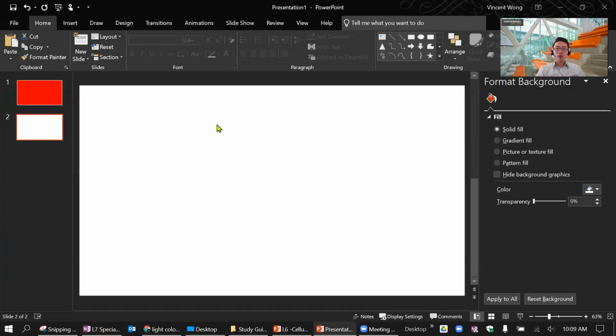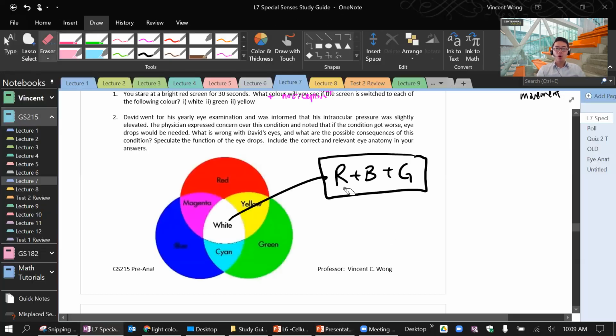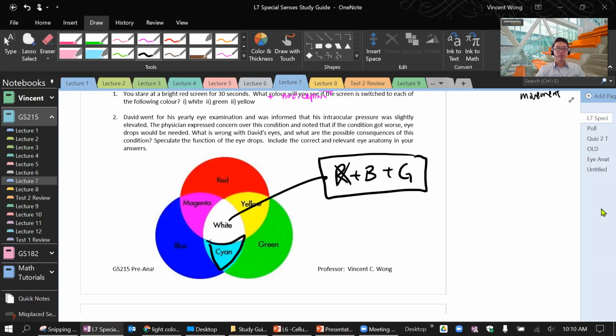So when you switch to the white screen, because the red was overworked on the previous slide, it is not really working for the moment. It's like resetting itself, taking a break. So the blue and the green are the ones firing really strong on a white screen, but not the red. As a result, you see the combination of blue and green, which is why it's cyan. Do you understand?